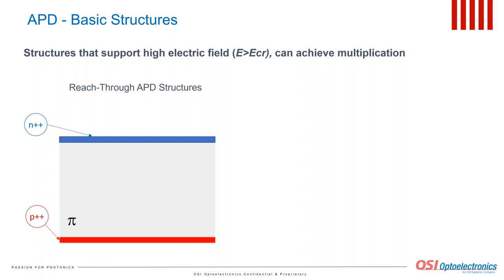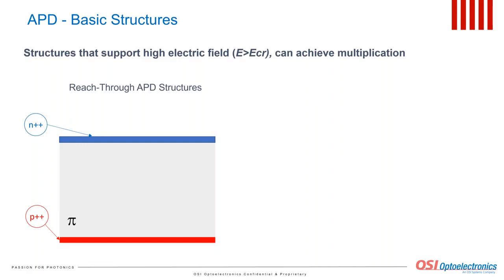Consider a slab of lightly doped p-type silicon with heavily doped anode on the bottom and cathode on the top. Theoretically, we can apply reverse bias, and at a certain bias value, the electric field might reach its critical value.